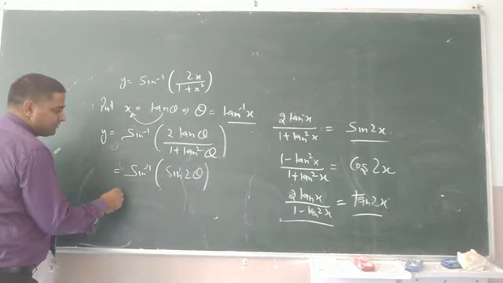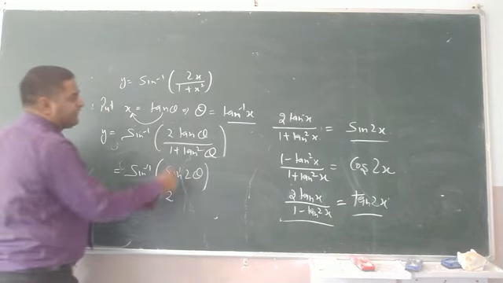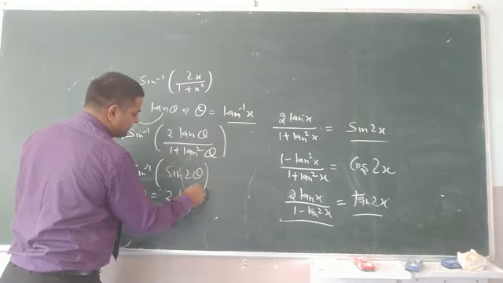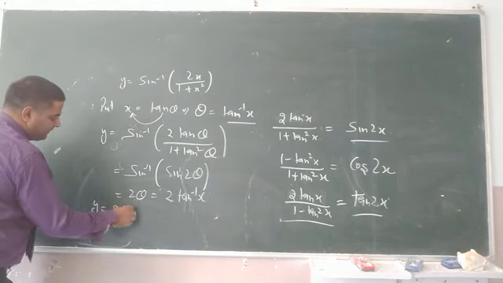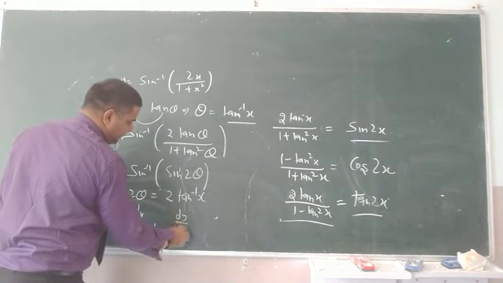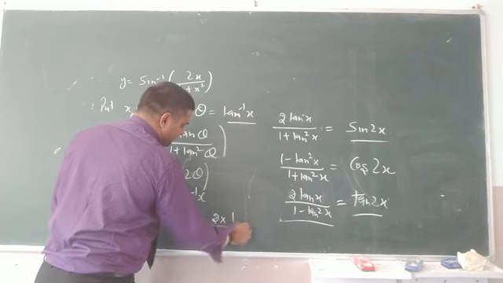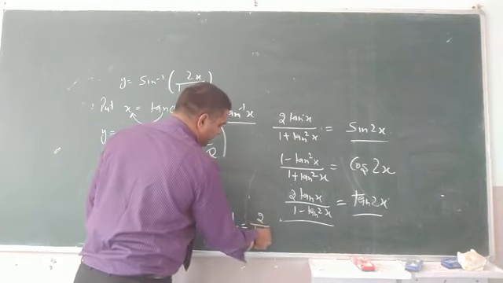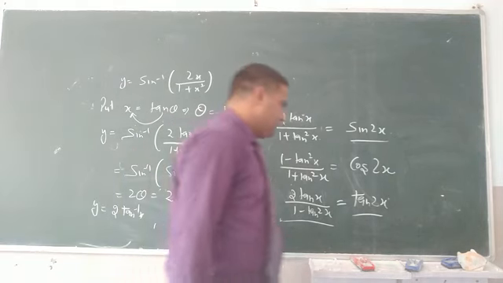Sine cancels out, we get 2 theta, and the value of theta is tan inverse x. Now, differentiation: dy upon dx is equal to 2 into 1 upon 1 plus x square, that is 2 upon 1 plus x square. That is the answer.